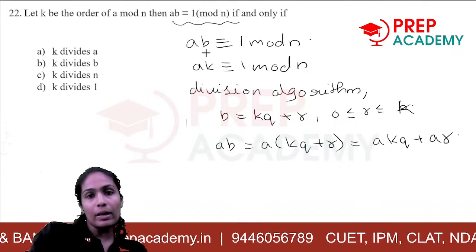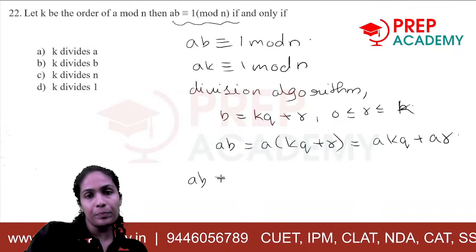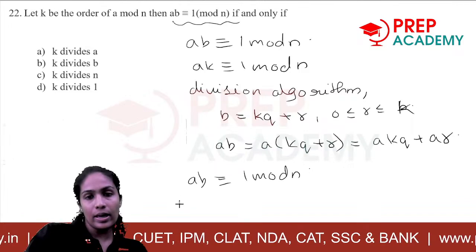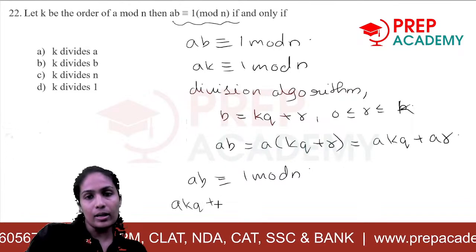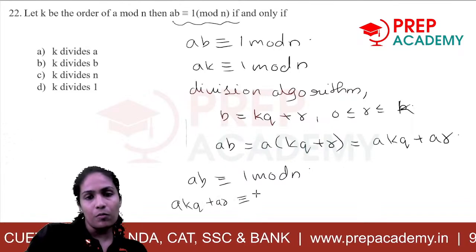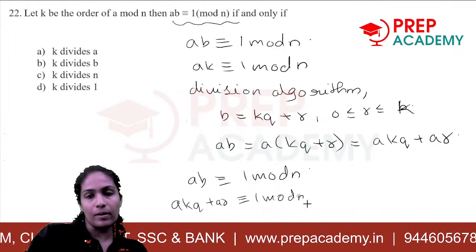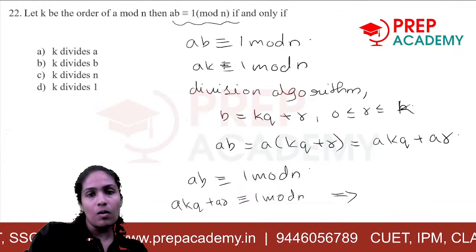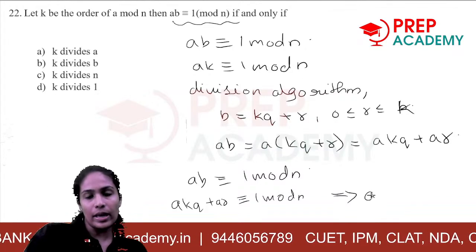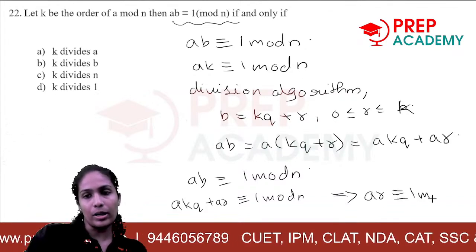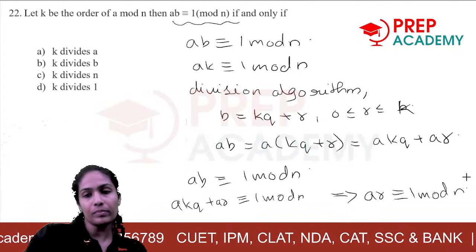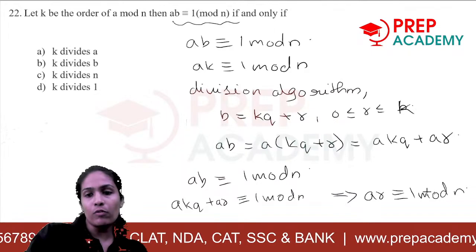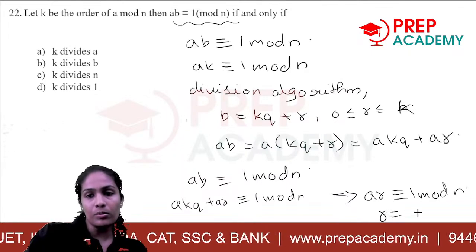But we know that a^b is congruent to 1 mod n, which implies a^(kq) times a^r is also congruent to 1 mod n. But a^k is also congruent to 1 mod n, which implies a^r is congruent to 1 mod n. Since a^r is congruent to 1 mod n, r is equal to 0.